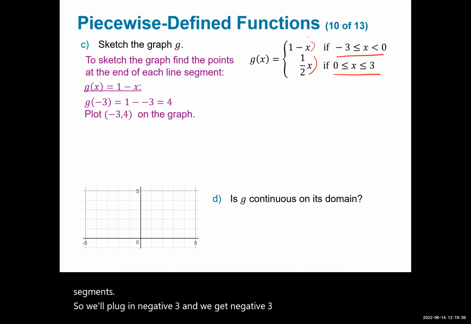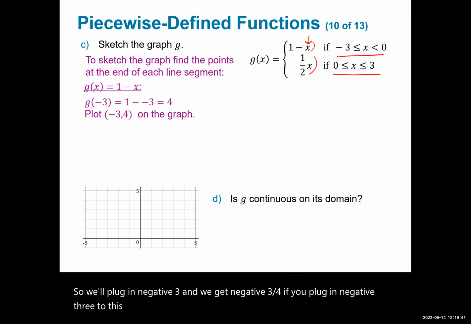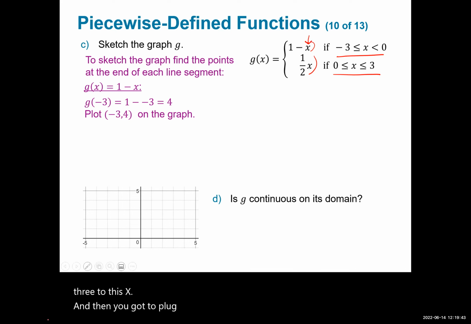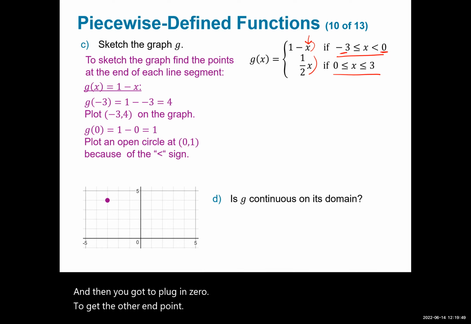Then you plug in 0 to get the other endpoint, and you get 1. But it's an open circle because it's not included. So then we connect those two dots.